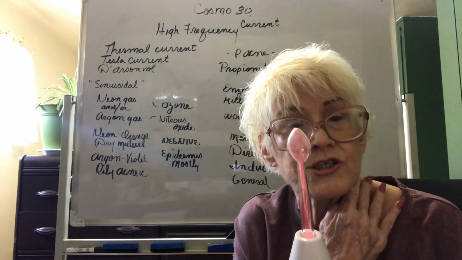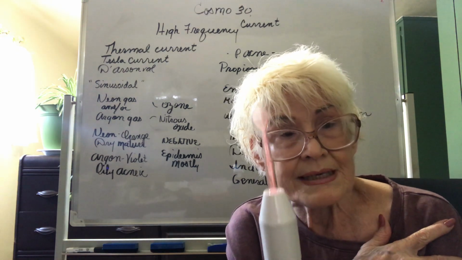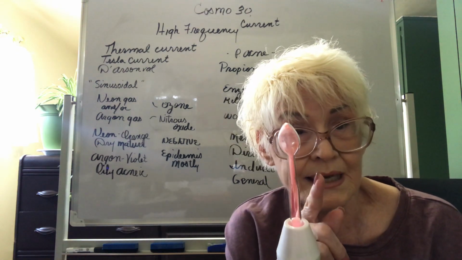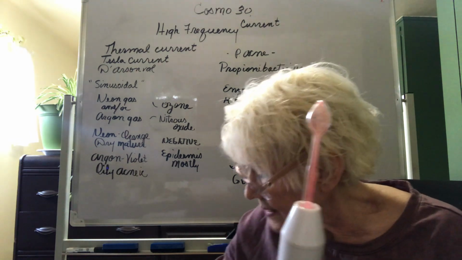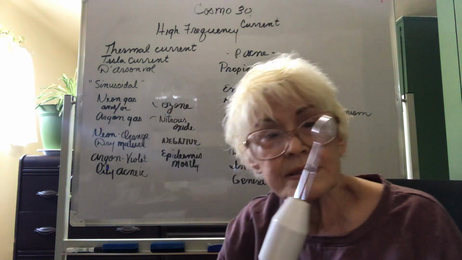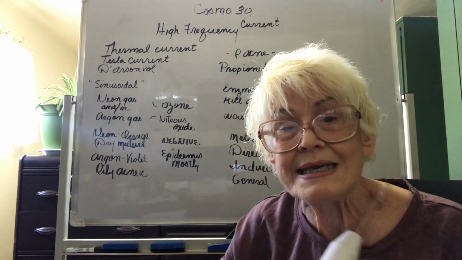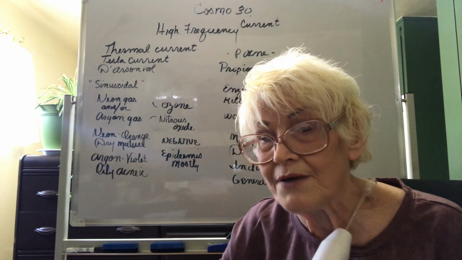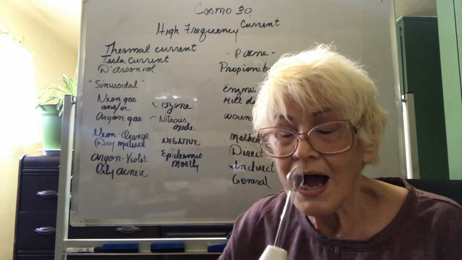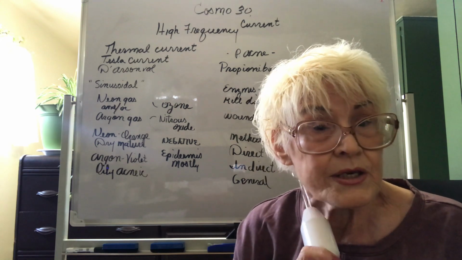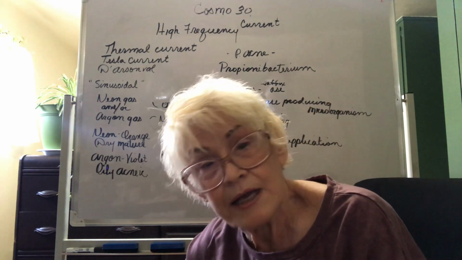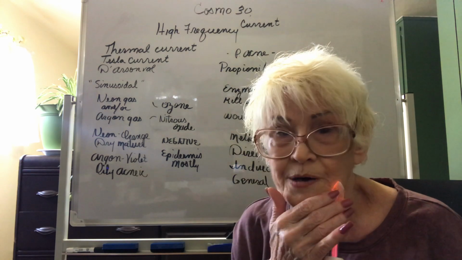I have a complete shoulder replacement, so technically I'm not a candidate, okay? I cannot use the high frequency down my neck this way because of the metal in my shoulder. I can use it on this side with no problem. I can use it on my face with no problem.